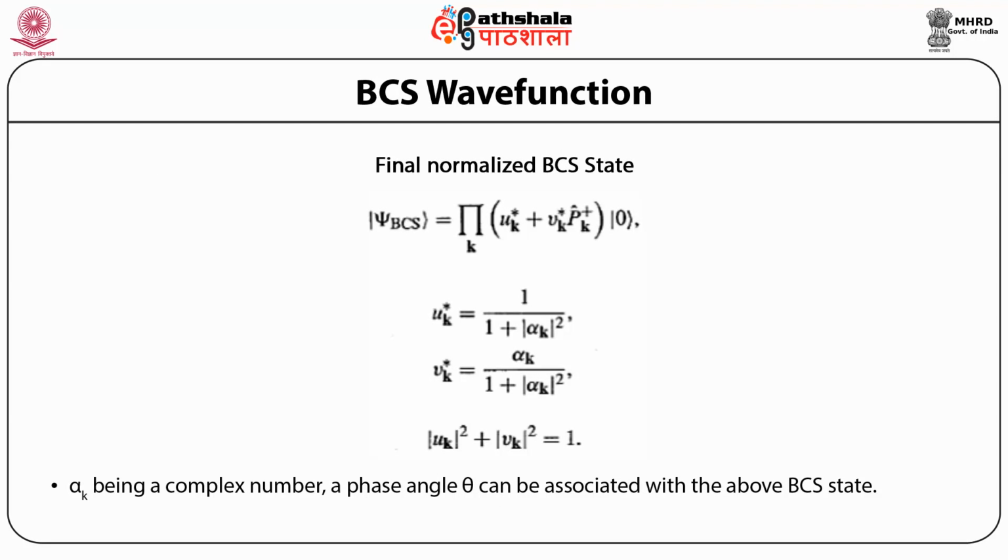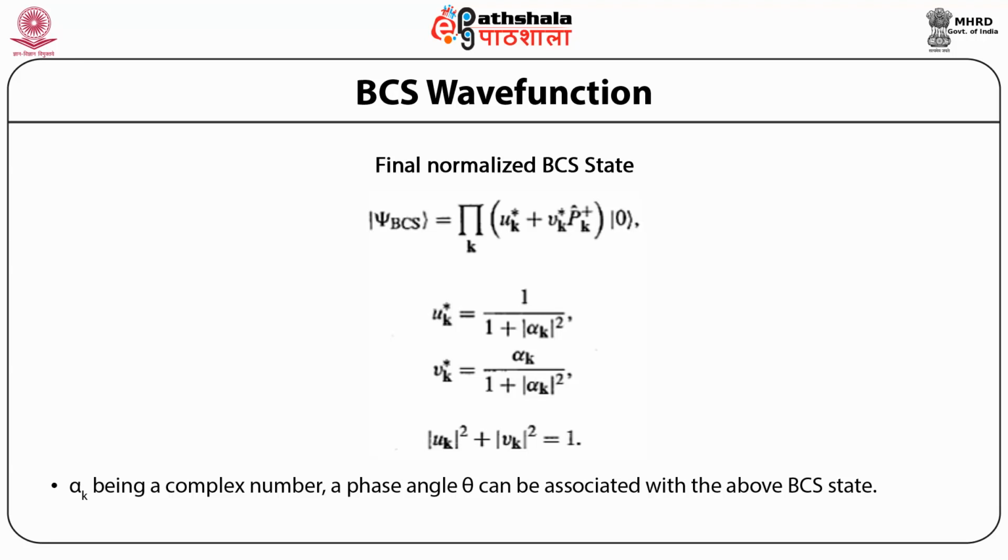So, the final normalized BCS state is the product over k of (uk star plus vk star pk dagger) multiplied by the vacuum state, where uk star is equal to 1 divided by the square root of 1 plus mod of alpha k squared, vk star is equal to alpha k divided by the square root of 1 plus mod of alpha k squared, where mod of uk squared plus mod of vk squared is always equal to 1.